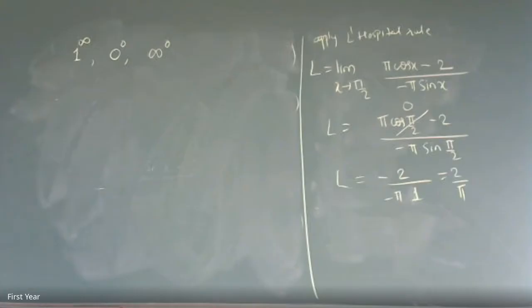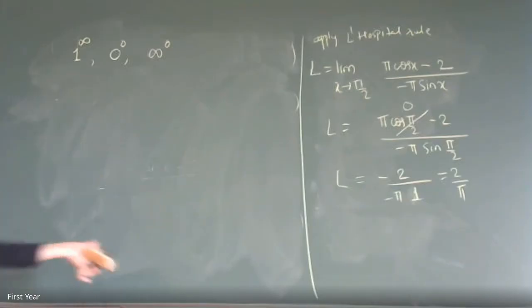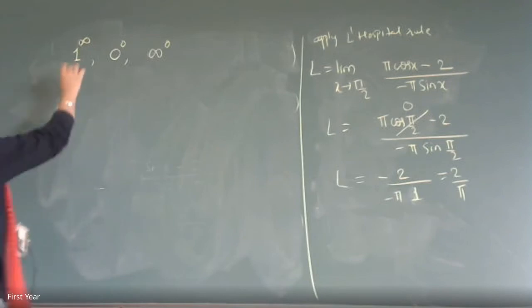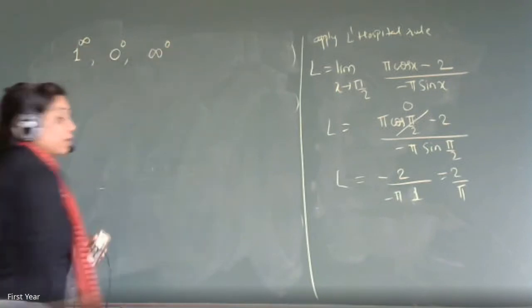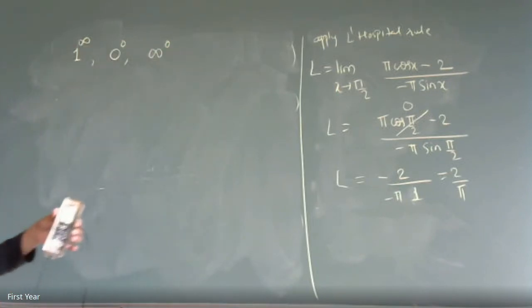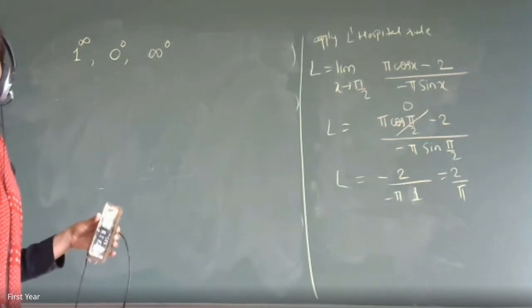Exponential means e raised to x. Something raised to something, that's why these are called exponential form indeterminate limits. Is it okay?